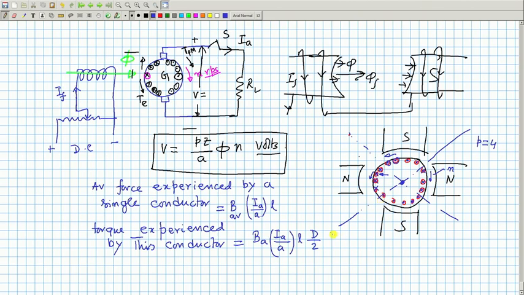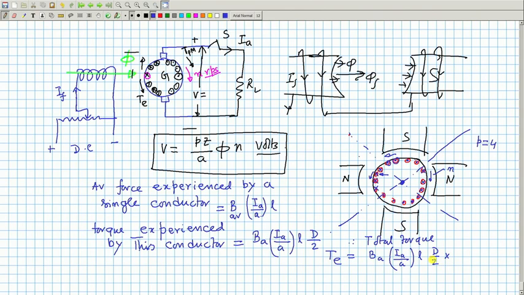Therefore, the total torque experienced by a single conductor is this. Therefore, the total electromagnetic torque will be B average into I_a by A into L into d by 2 into how many conductors should I multiply?